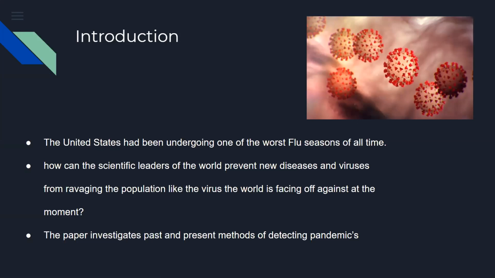Last year, before the coronavirus, the flu had unprecedented death tolls and illness rates. Now scientific leaders are exploring methods we can use to detect pandemics early and stop them in their tracks, and if a pandemic is happening, how we can mitigate its effects.